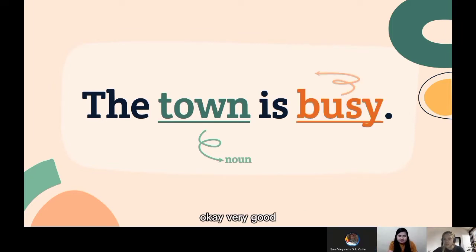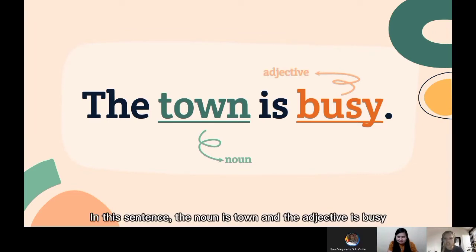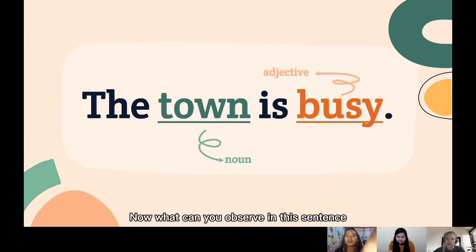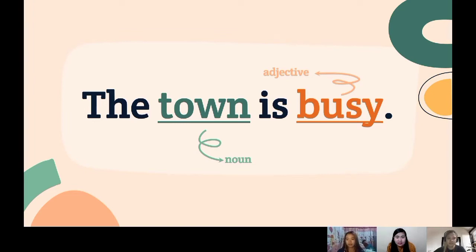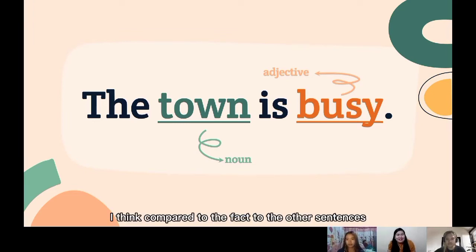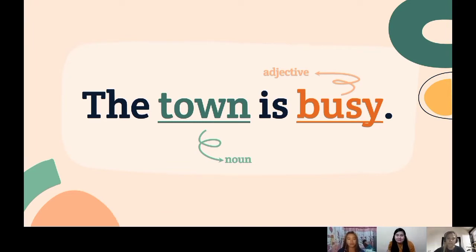Okay, very good. The noun in the sentence is town and the adjective is busy. Now, what can you observe in this sentence compared to the previous sentences, Miss Cheska? I think compared to the other sentences, in this sentence, the noun modified came first before the adjective.